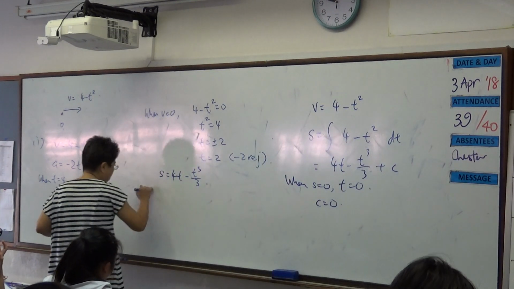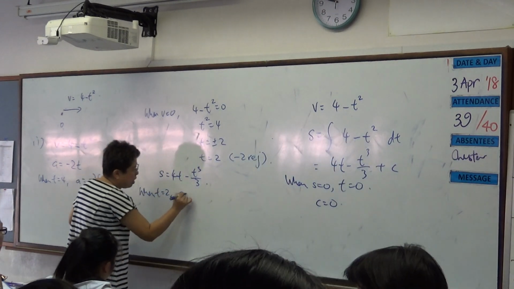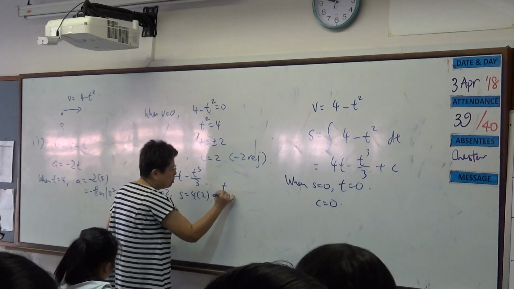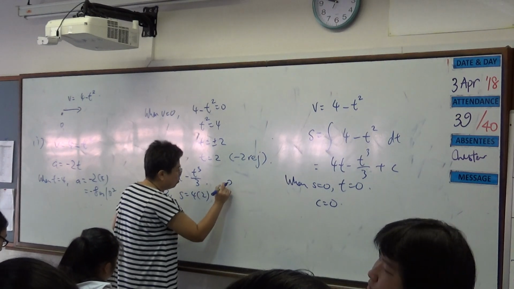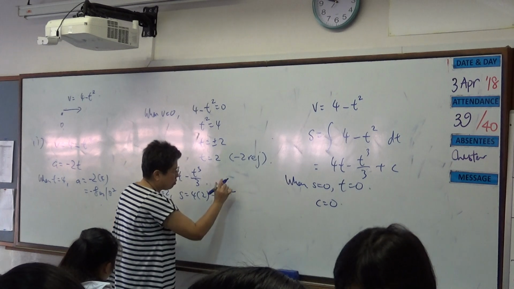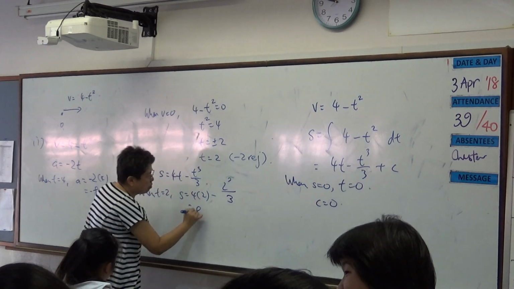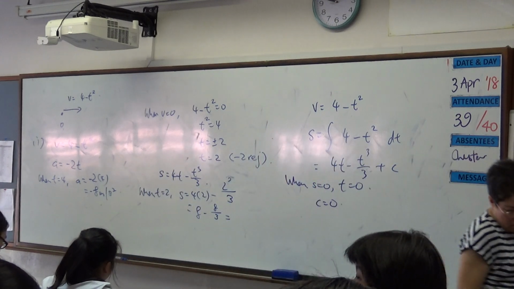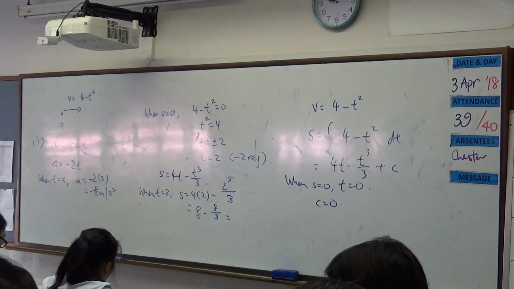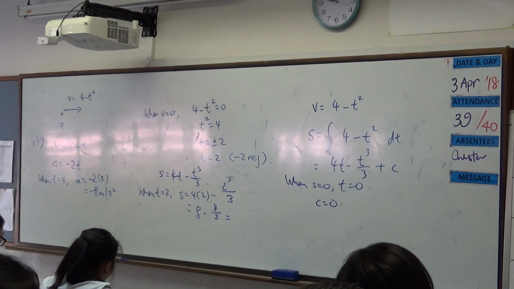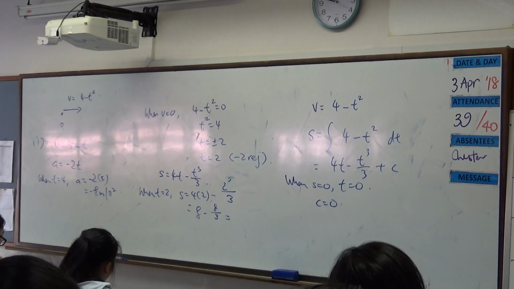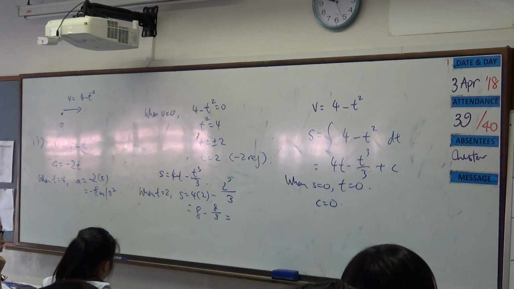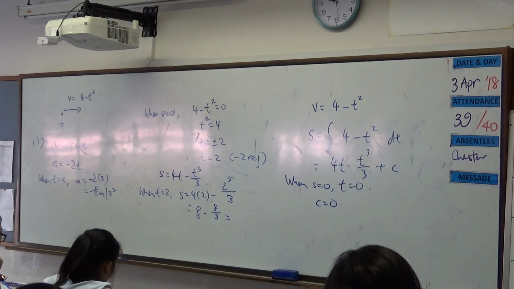So when t is 2, s will be 4 times 2 minus 2 cubed over 3, right? So 8 minus 8 over 3. What's 8 minus 8 over 3? 24 minus 8, so 16 over 3.